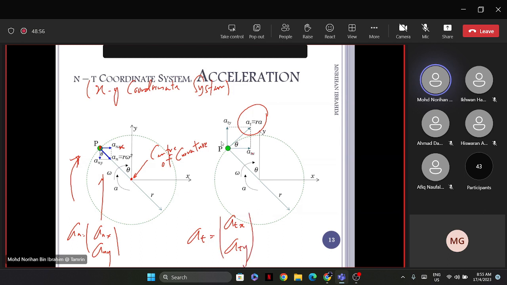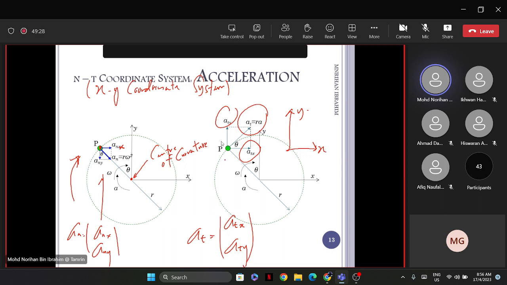We break it down into the components of x and y. So the equation becomes more expanded, from 2 it becomes 4. Because we have the two components of an and also at, where each has two components of x and also y, so it becomes 4 components altogether.